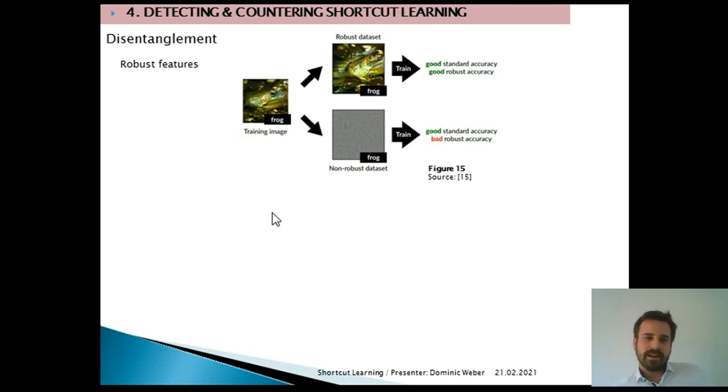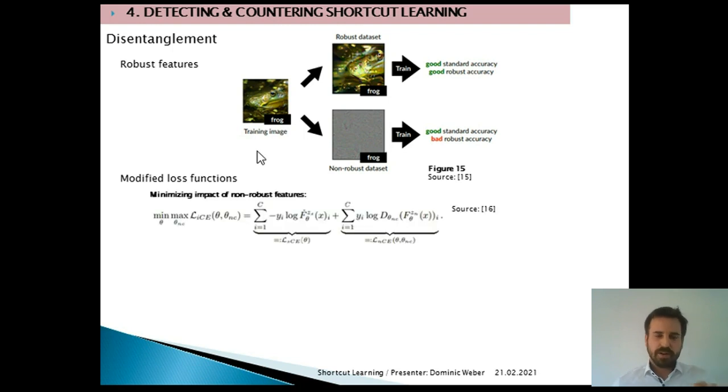Alternatively, instead of adding or removing data, we can also force models to take into account more of the available information that we do have. In other words, we modify the loss functions. So Jacobsen, in his paper, modified the loss function shown earlier. So now it has two terms.